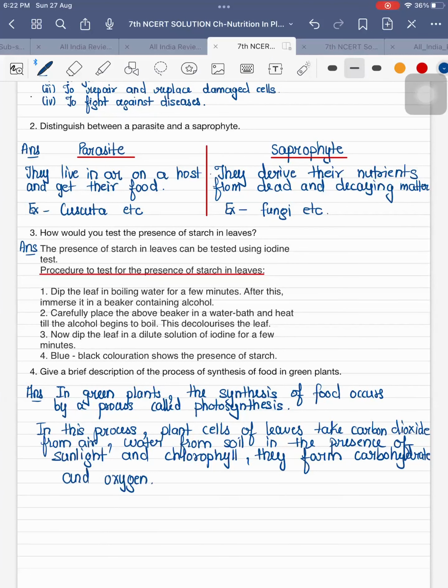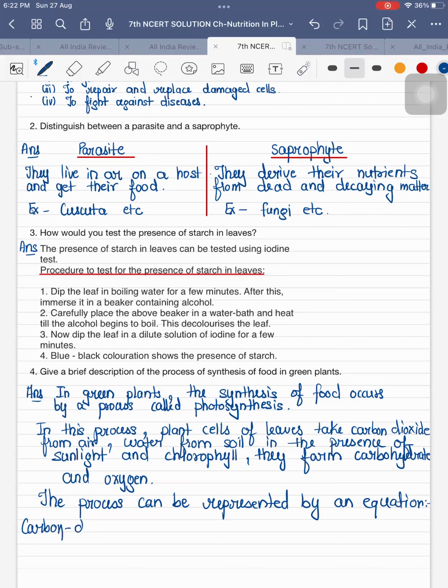So this process can be represented by an equation. Carbon dioxide plus water, then draw an arrow.